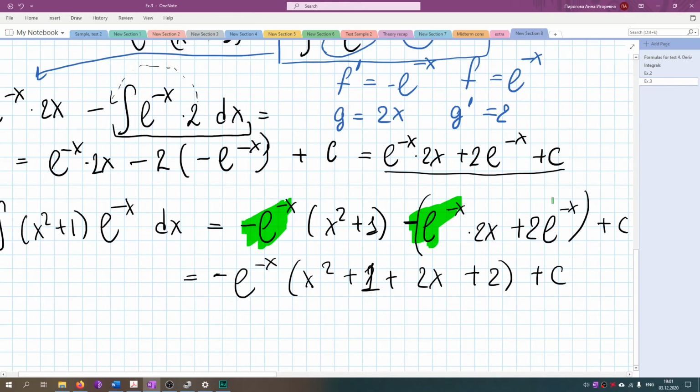Oh, don't forget that you have also here this component, and in the end we will get minus e in the power of minus x multiplied by x squared plus 2x plus 3.